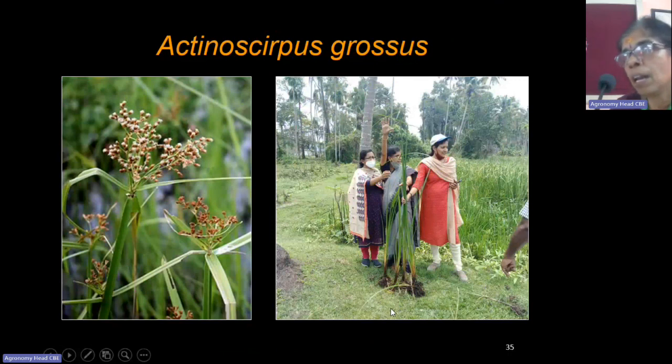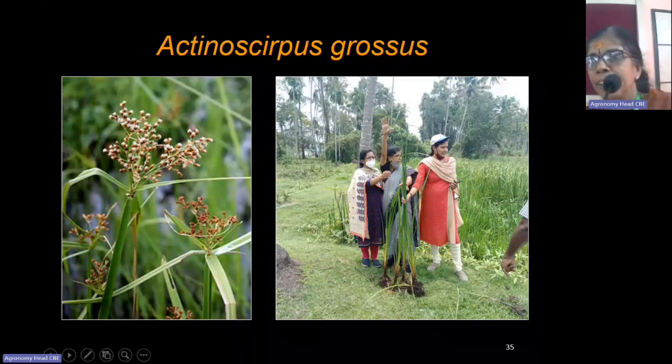Like our Cyperus rotundus, it will put forth new growth from the rhizome, and seeds are not required, because the rhizome itself will take care of its propagation. Very difficult to remove. You see the field, we intervened there and, under the ATMA project, gave some funding also to clear some area as a model, because the entire area is affected.